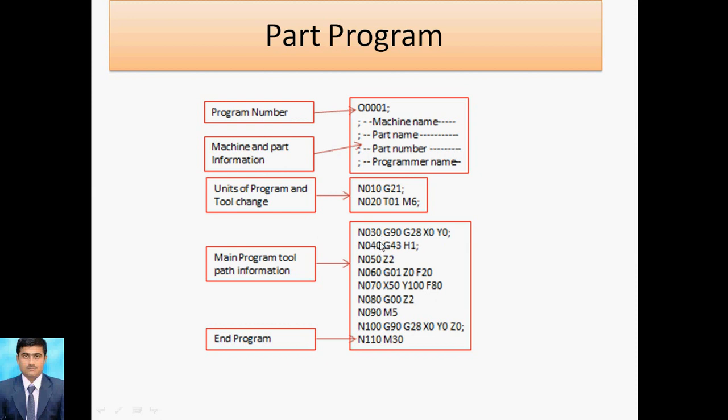In between 30 to 40, there are 9 blocks, remember. So if you need to add something in between the two lines, we can directly add. We can write N31 like this. So 9 times we can add over here. This is the advantage. That's why we take N030 and 40. So this is regarding the part program.